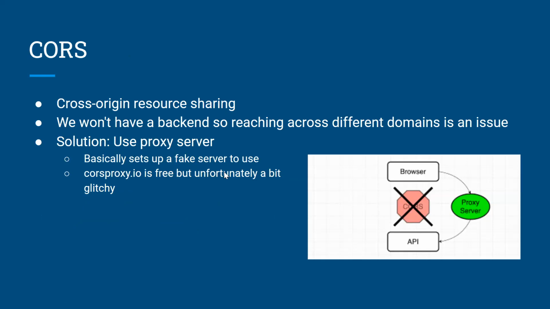Okay, so an issue with this is because I'm too lazy to implement a backend, CORS is going to be a problem. That's basically reaching across different domains. Because we're doing this from localhost, we're going to reach over to Yahoo Finance. That becomes an issue because CORS is sort of a protocol that blocks that. We're going to use a proxy server instead, which is a little bit glitchy.